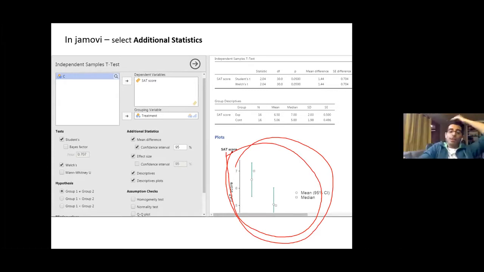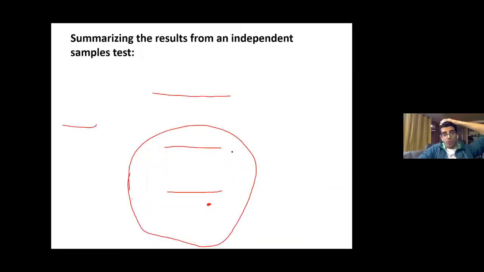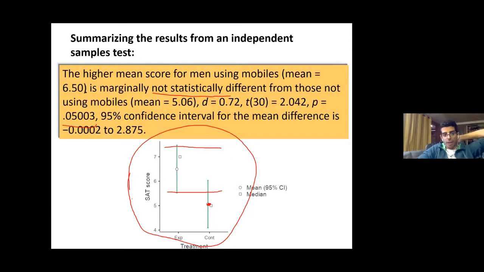So I don't know why this is not significant, but the confidence intervals suggest that it is significant. Even if you look at the p-value, it's not significant, but the confidence intervals here suggest that it is significant. So I really, really suggest you ask him this, because I don't know the answer, and my best guess is that this graph is not that well drawn by Jamovi itself.